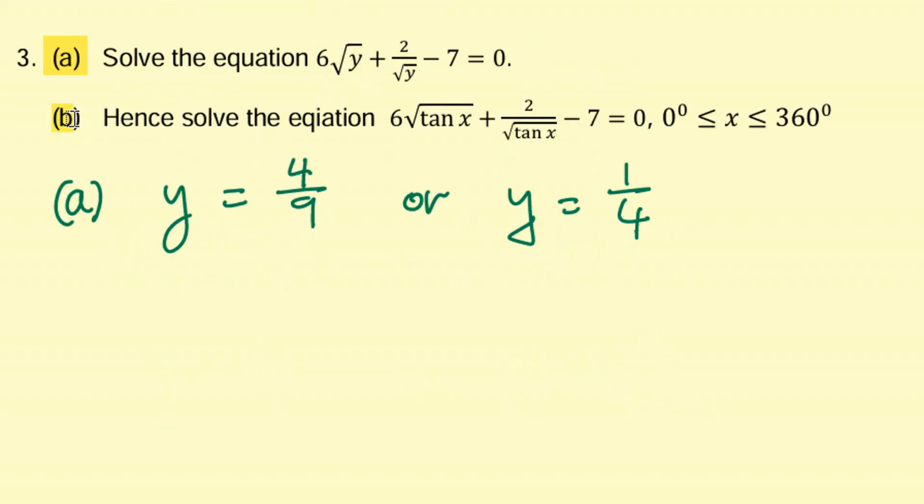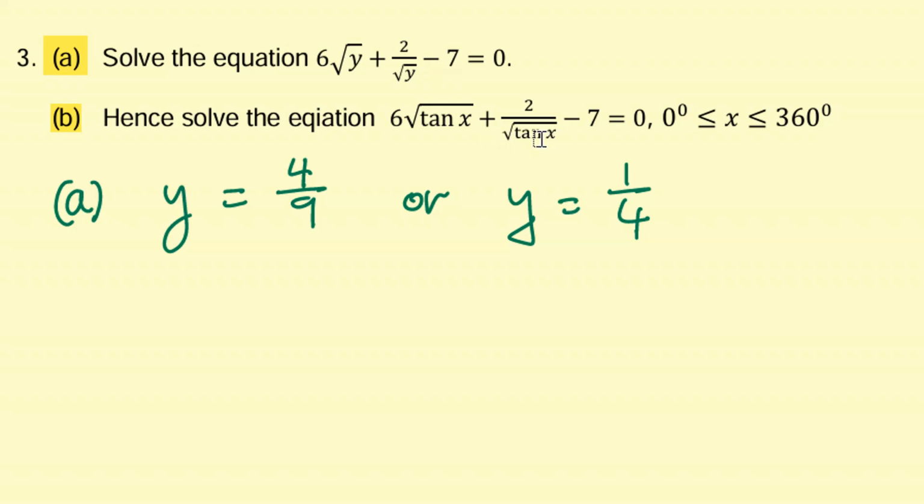Then in part B of this question, it says hence solve this equation. The word hence tells us that we must use our results from A to solve B with. Now, if we compare these two equations, we see that they are identical, except that where we have a y in the first equation, we have the tan of x in the second equation.